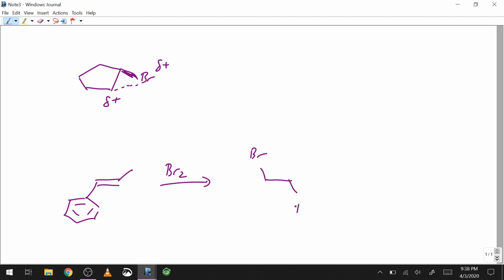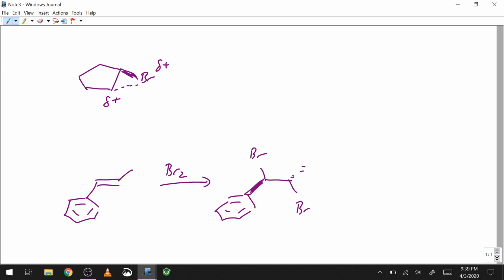So if I draw this with those in the plane, just for simplicity here, so like this with my aromatic ring, and this for the methyl group. Well, that would be the trans addition.